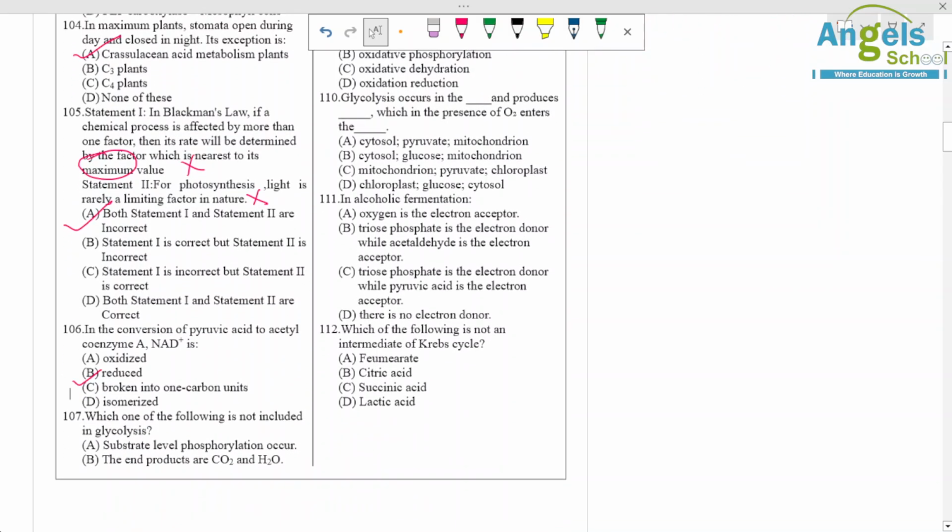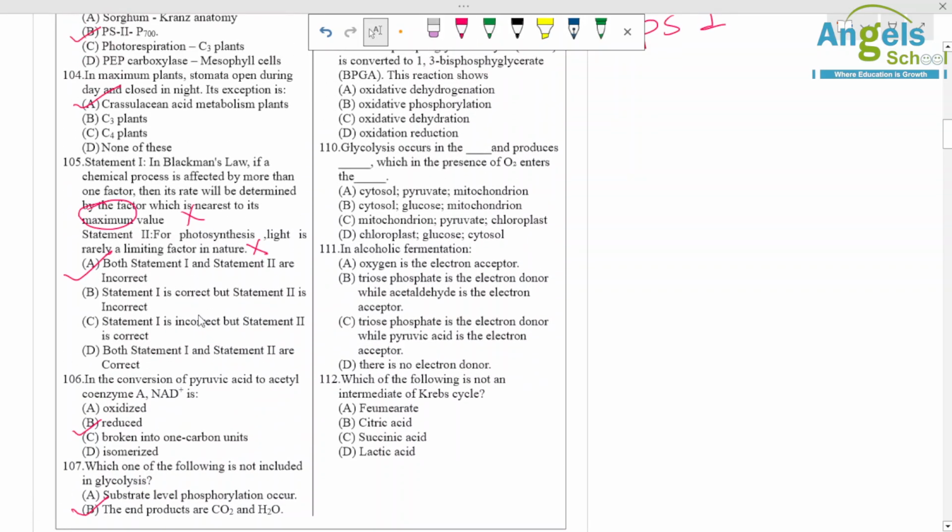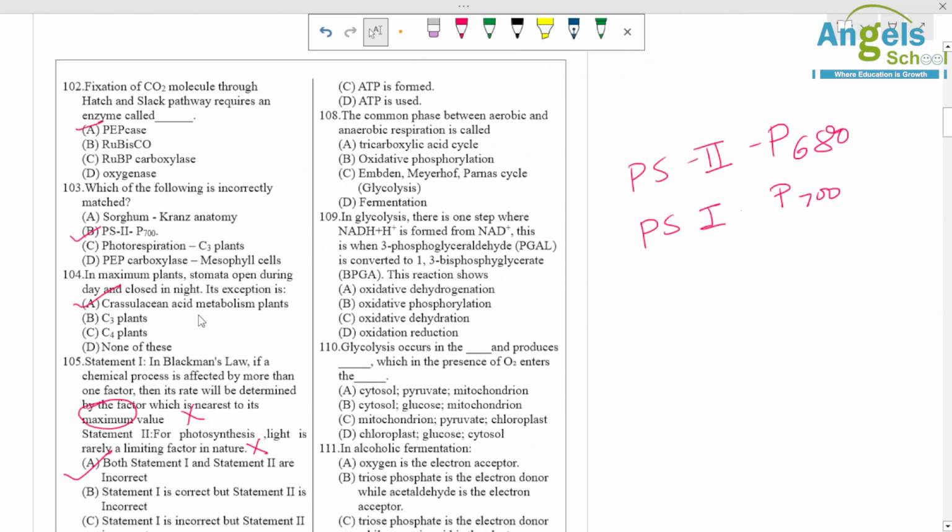During glycolysis ATP is formed and ATP is used. Substrate level phosphorylation also occurs, but glucose is converted into pyruvic acid, not into CO2 and H2O. So B option is right. It is not included in glycolysis. It is included in the TCA cycle.